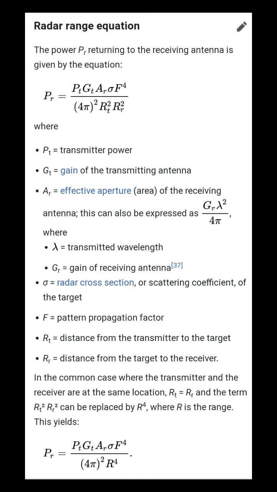Consider the power density from an isotropic antenna.